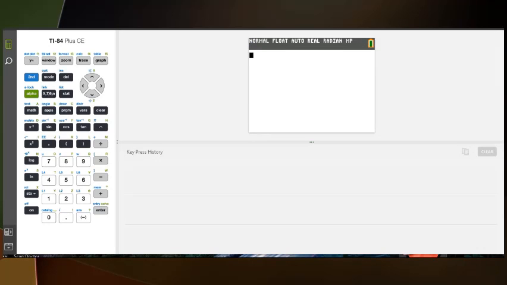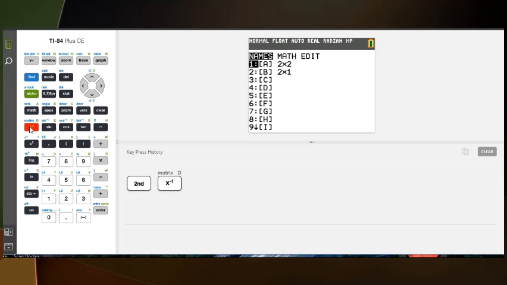All right, so here we are with our calculator, and in the previous slide we had created two matrices. One was the coefficient matrix, which was minus 2, 1, 1, 1, and we had a constant matrix, which was 9 and 3. So I'm going to go into the calculator and hit second matrix, and you can see that I have already set up matrix A as a 2 by 2 matrix, and matrix B as a 2 by 1.